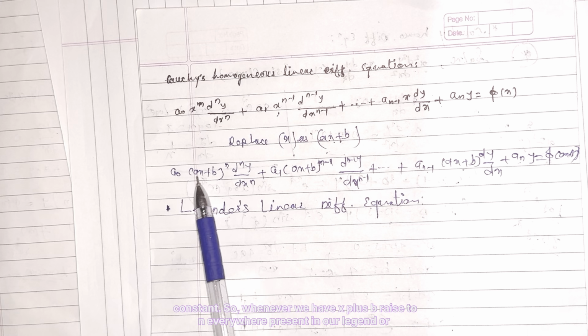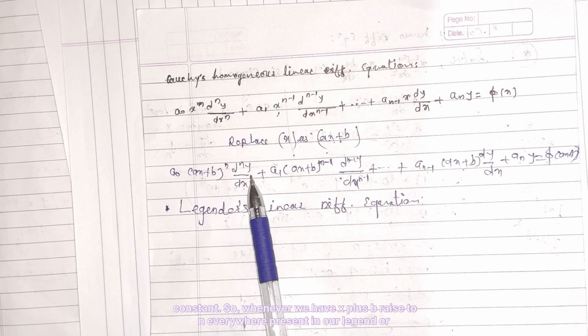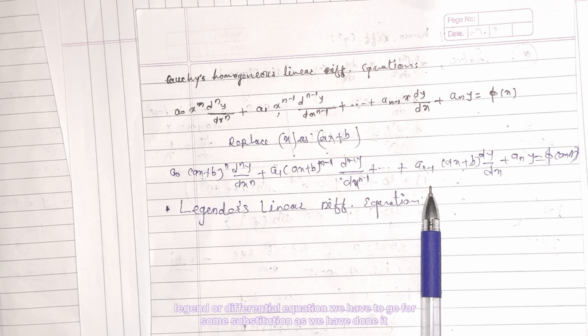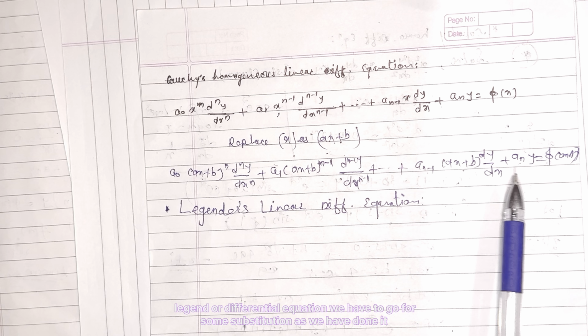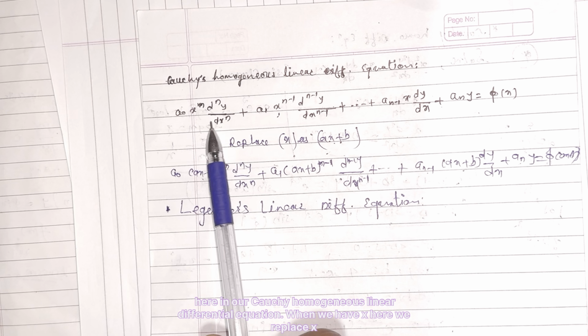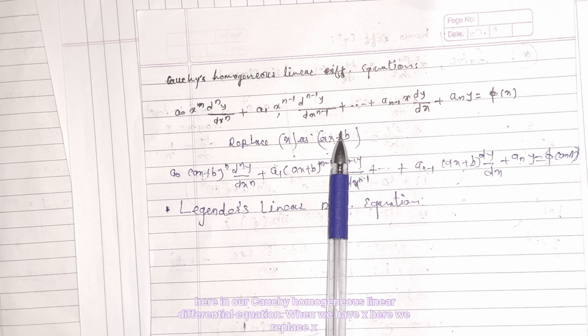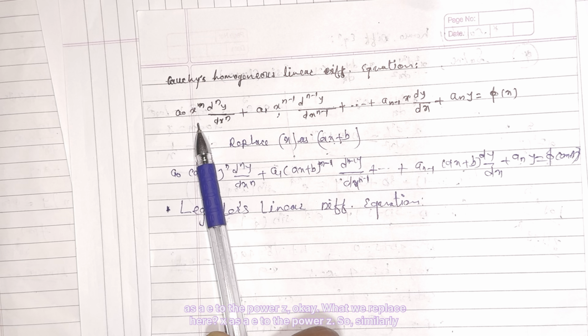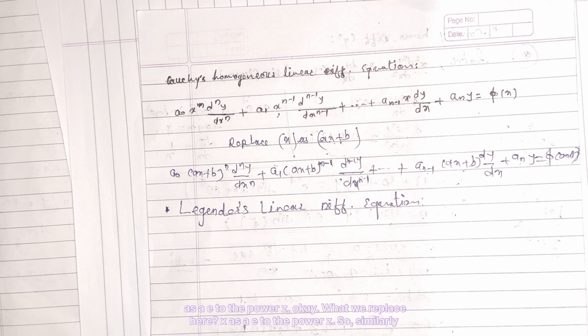So whenever we have ax plus b raised to n present everywhere in our Legendre's differential equation, we have to go for a substitution, as we did in our Cauchy homogeneous linear differential equation. When we have x there, we replace x as e to the power z. Similarly, I'm going to put ax plus b as e to the power z.